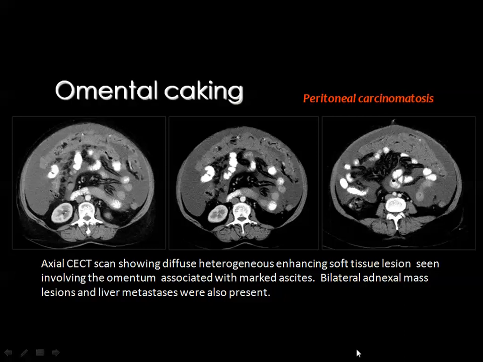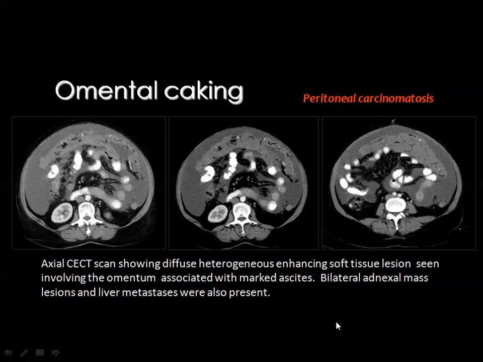This is known as omental cake, and it represents omental deposits, mostly from ovarian malignancies, but this omental cake may also be a presentation of metastasis from other intra-abdominal primaries, especially in the colon. And sometimes in some patients, we are confronted by this omental cake, and we go thoroughly through the abdomen or the body.